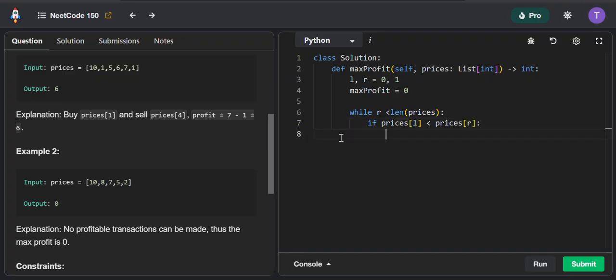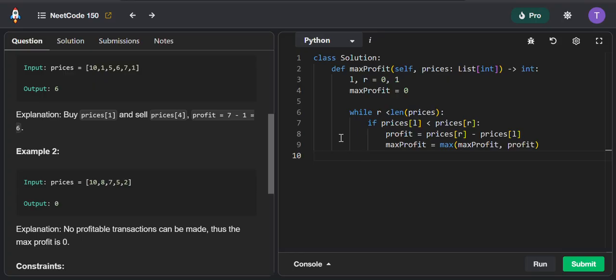If this case is true, we want to see what the profit is. The profit is going to be the price at the right index minus the price at the left index. The max profit is going to be equal to the maximum between our current maximum profit and the profit we just made.